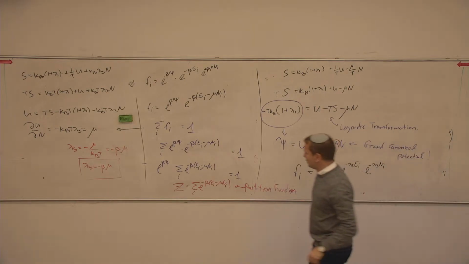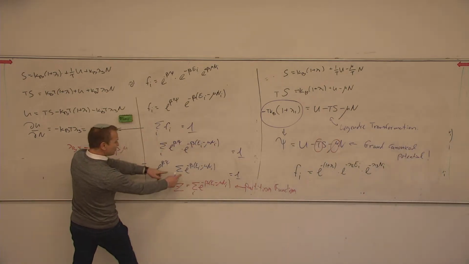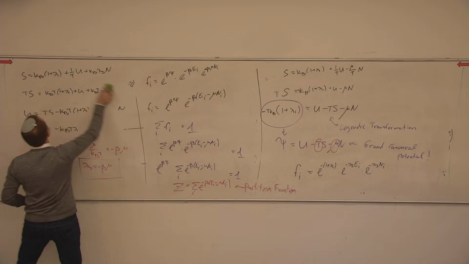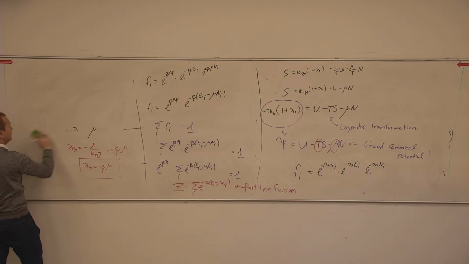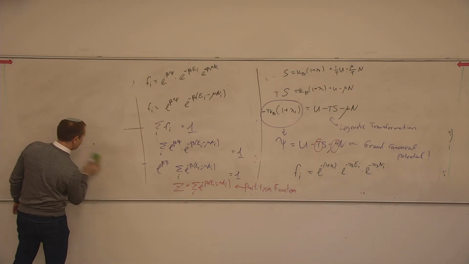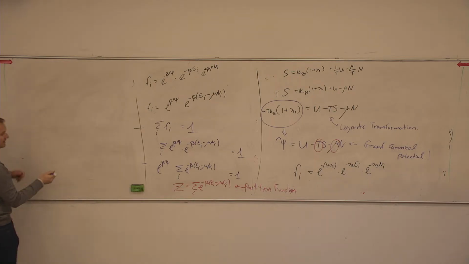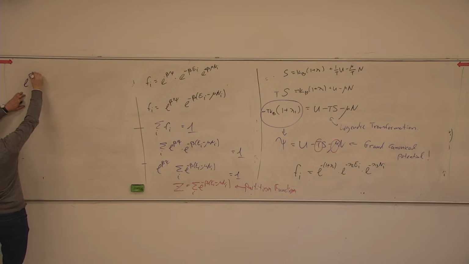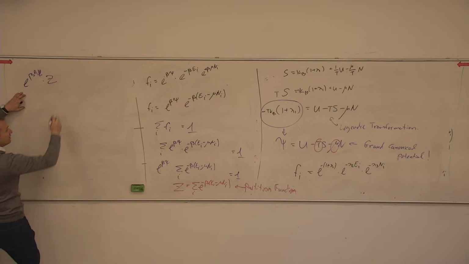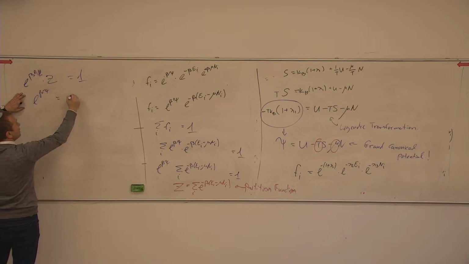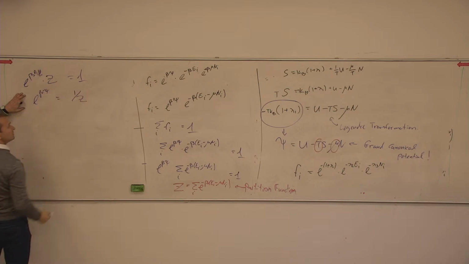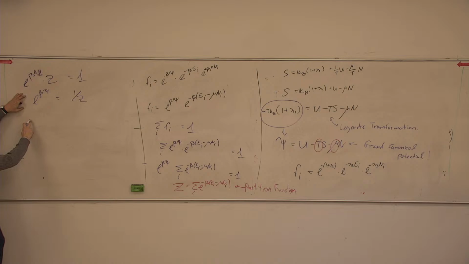Now, if this is Z, we have e to the power beta psi multiplied by Z equals 1. E to the power beta psi equals 1 over Z. Let's take a logarithm of both parts.